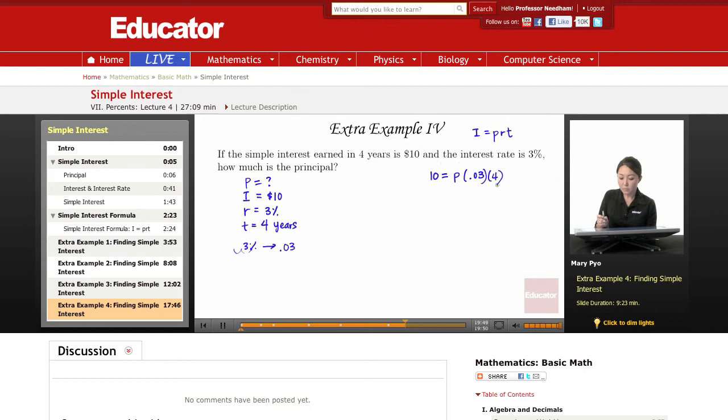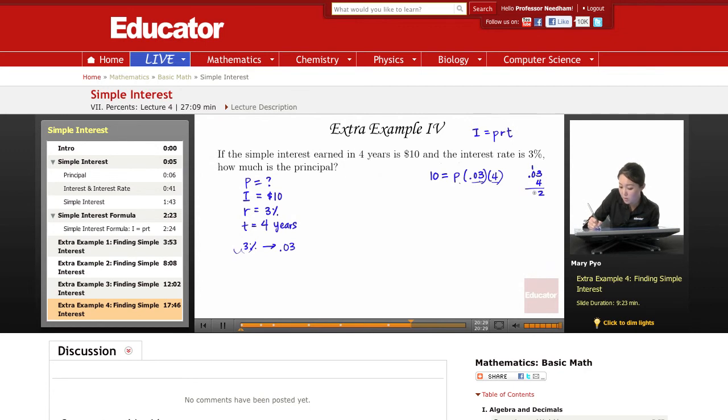Okay. So this looks pretty difficult, right? Well, I know that I have this and this that I have to multiply because parentheses means times. So P times this times this. Well, I can't multiply P times all this number because it's a variable. But I can multiply this and this together. So 0.03 times the 4. 3 times 4 is 12.